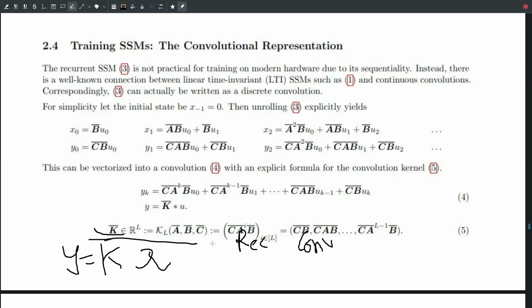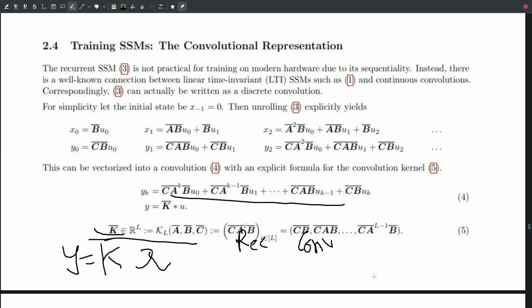In the recurrent one, as we saw, xk is a recurrently dependent equation. But in the convolution one, we stack all these recurrent connections into one kernel and convolve it with U. U meaning the continuous signal, or in the case of NLP, you could go with discrete. So you could directly convolve it with U.